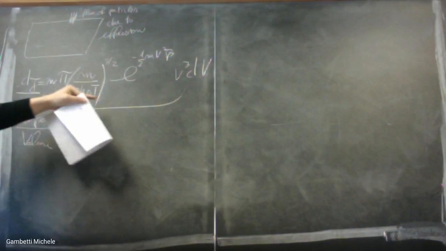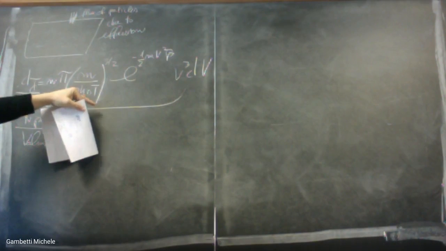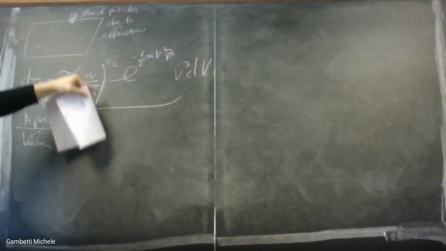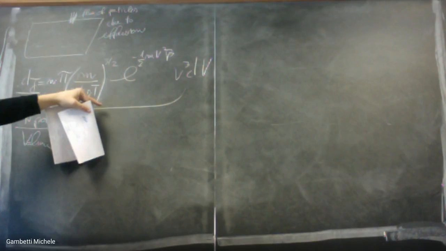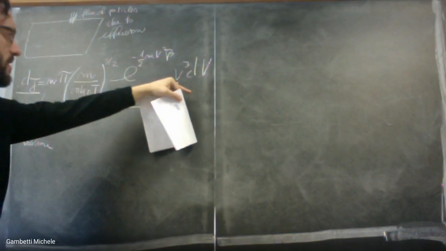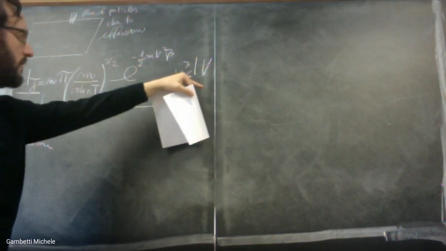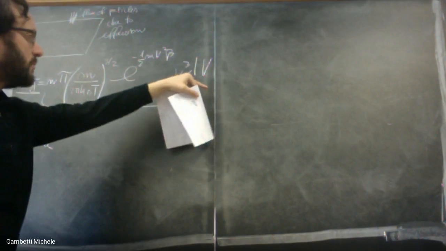Then here, what do I have? Here I have again m v squared, so it's a v to the power of 3, which simplifies with this v cubed, and then I have a length divided by time.